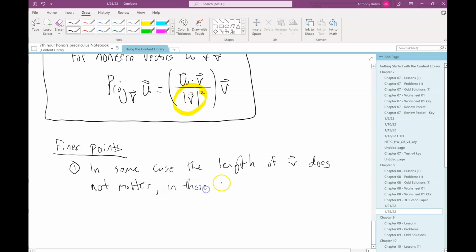In those cases, we're just going to assume the length of vector v is 1. That essentially v is going to act as a unit vector. All we really care about is the direction of v.